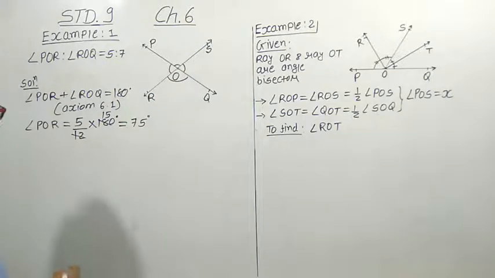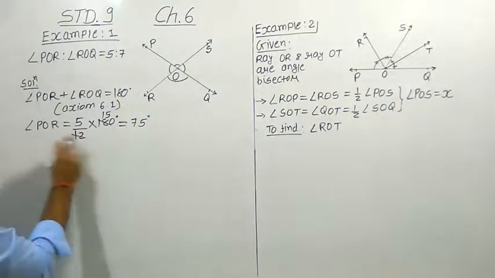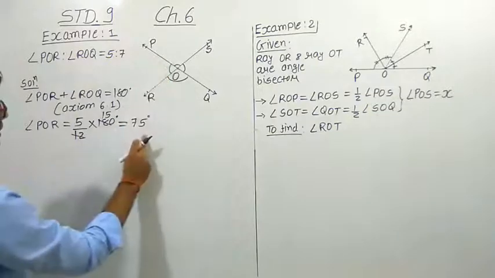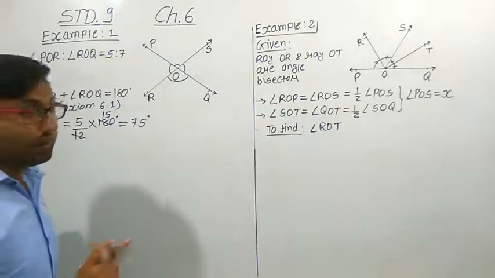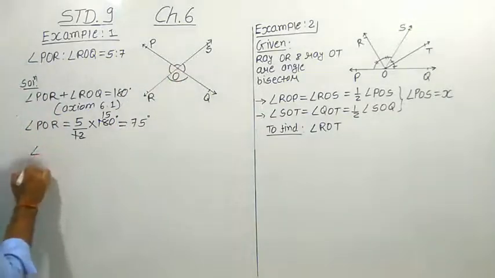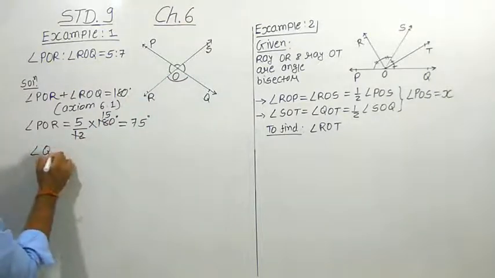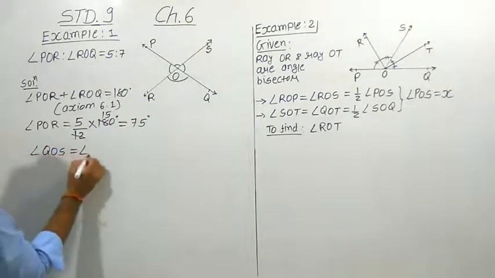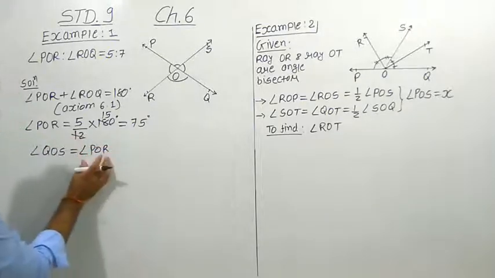In the same way, we can find the other angle. Here POR is 75 degrees, and now we know that according to theorem 6.1, vertically opposite angles are equal. So here we can write angle QOS is equal to angle POR, and POR is how much?